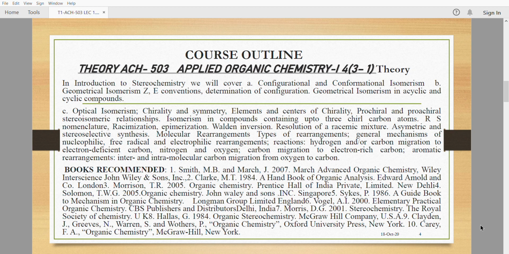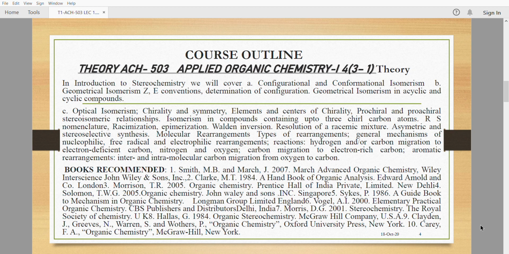Then the last topic will be dealt under the heading of molecular rearrangements. You will come to know how many types of rearrangements are occurring in nature, their mechanisms, whether they are nucleophilic or electrophilic or free radical rearrangements.